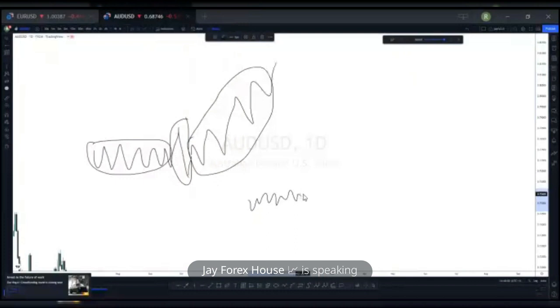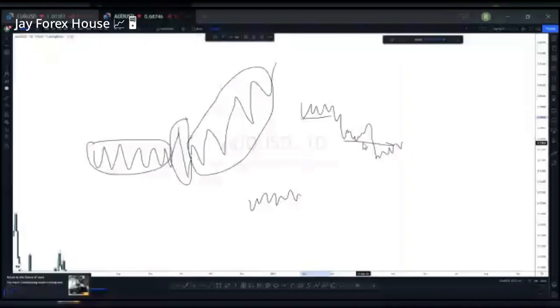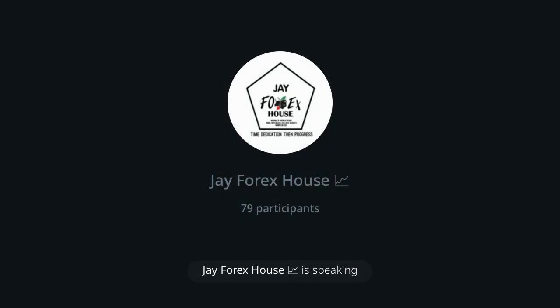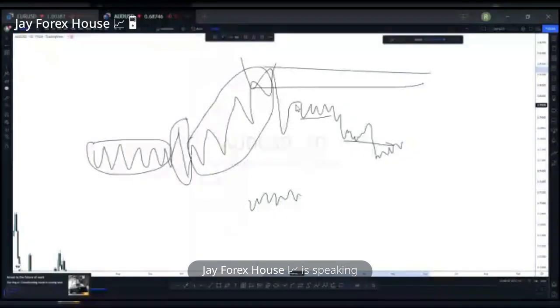So if price is moving like this on the Asian section and goes down again, this is a downtrend. Now price is likely to return if there was a POI over here. Let's say we had a POI right here, and this high is an Asian section high.